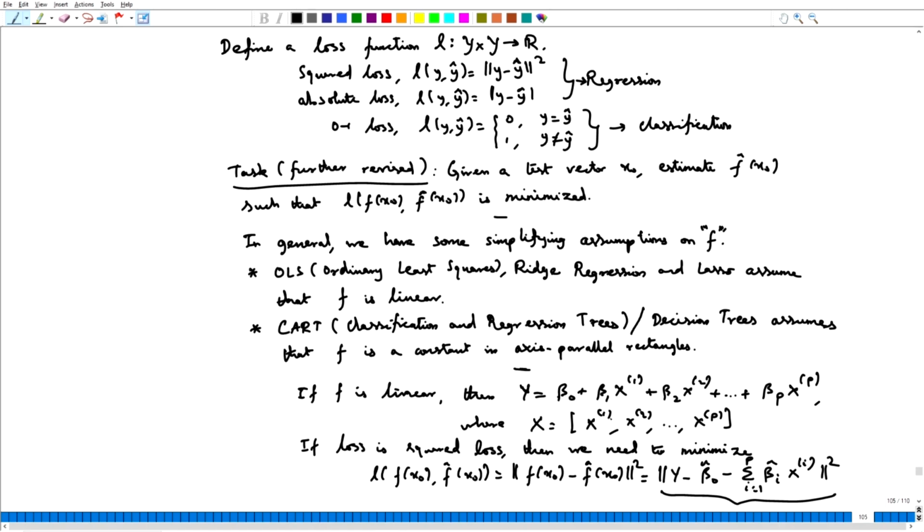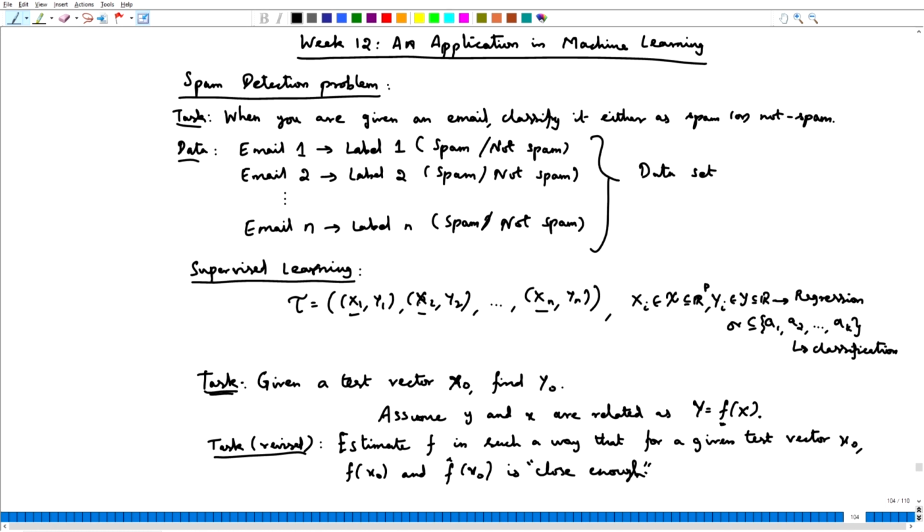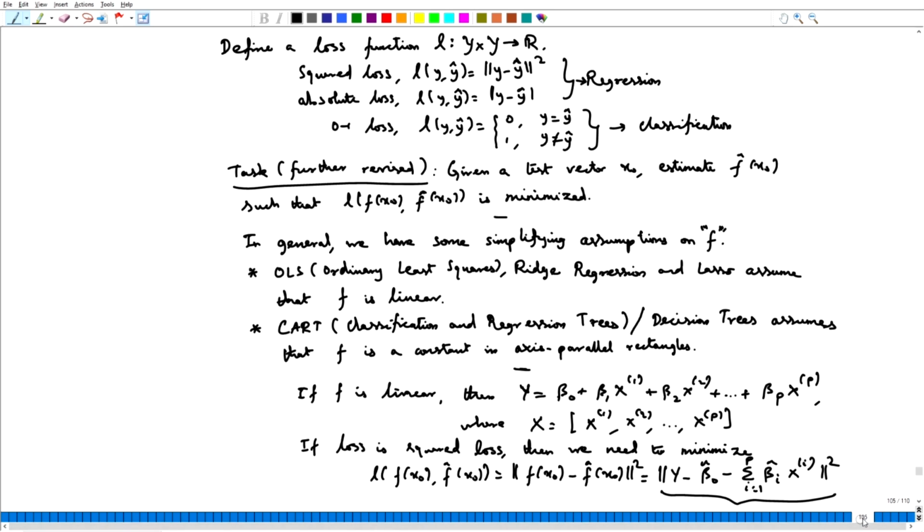I am writing the component in the superscript because the subscript denotes the data point. So x1 itself is a vector, and the corresponding component I am writing on top as a superscript, instead of the usual subscript which we have used in the previous weeks.